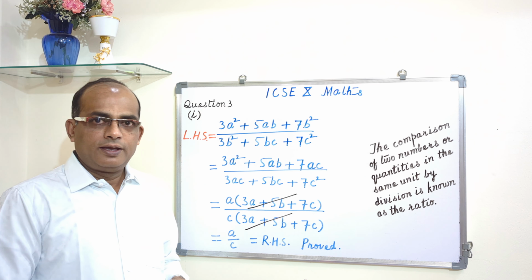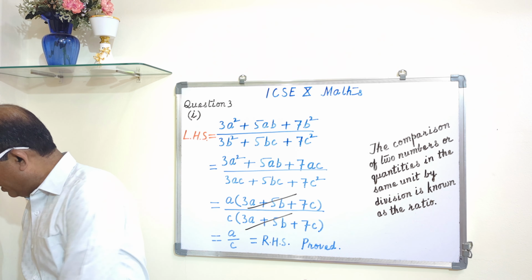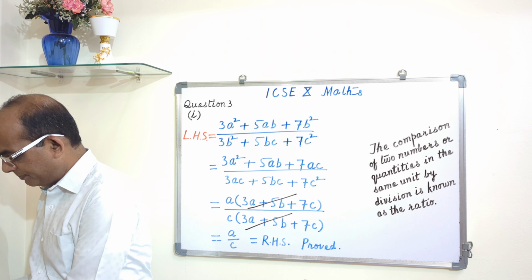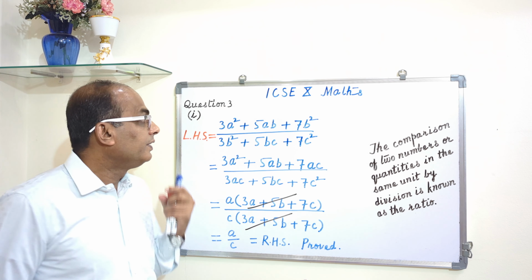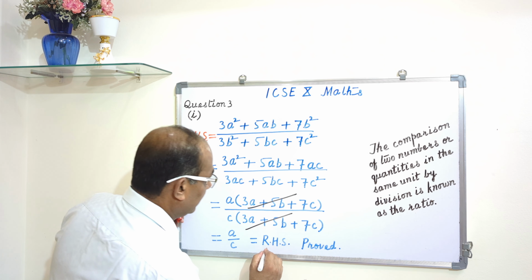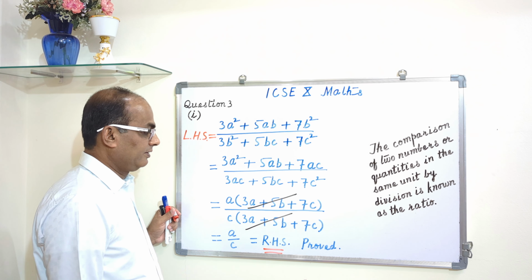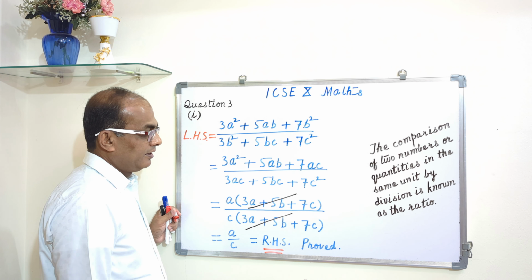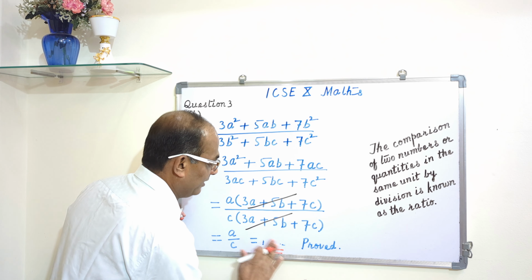Fine. This is method 1. LHS is equal to RHS, fine. Alright. This is a break, so this also you can write down in red.